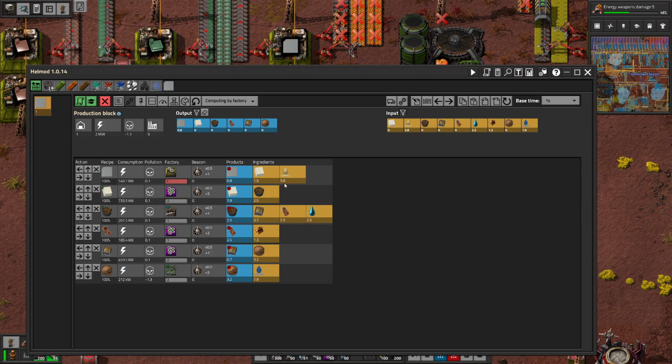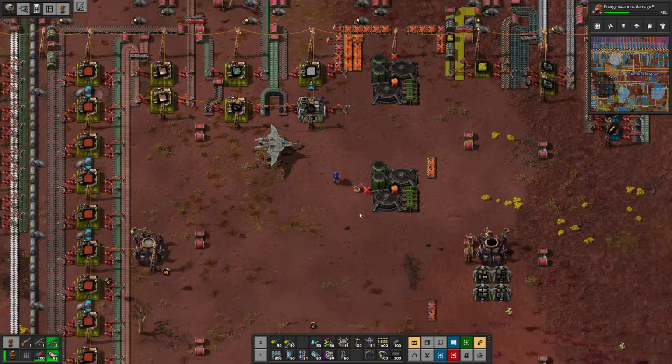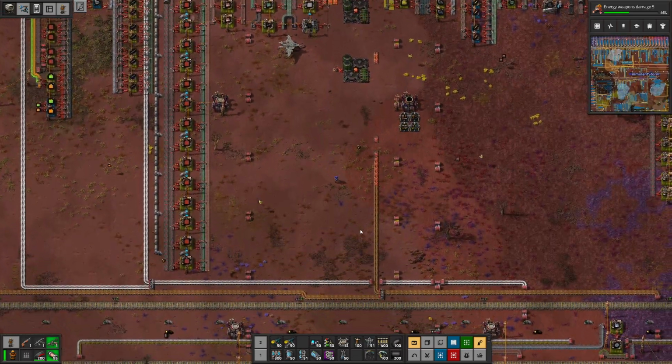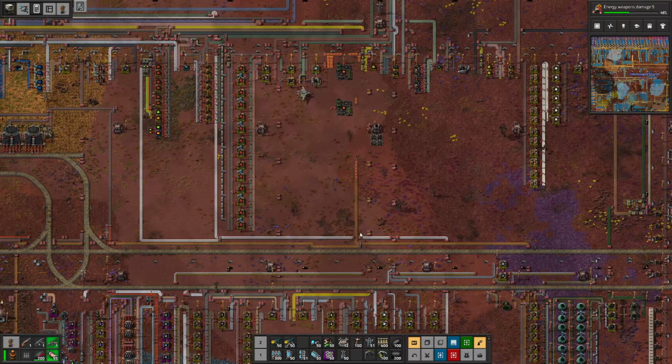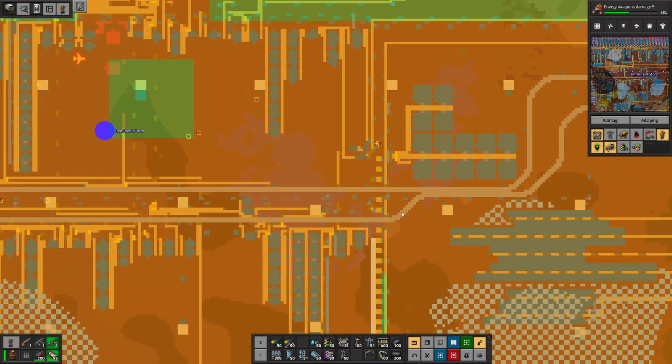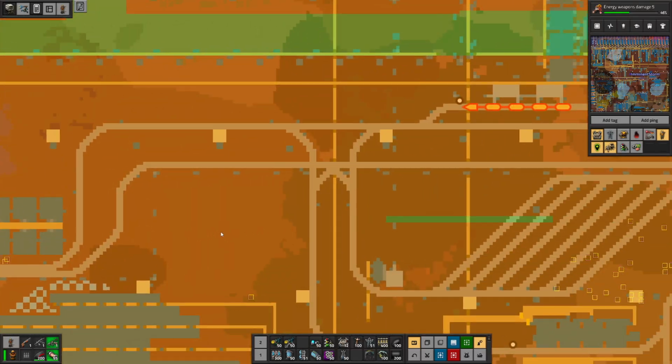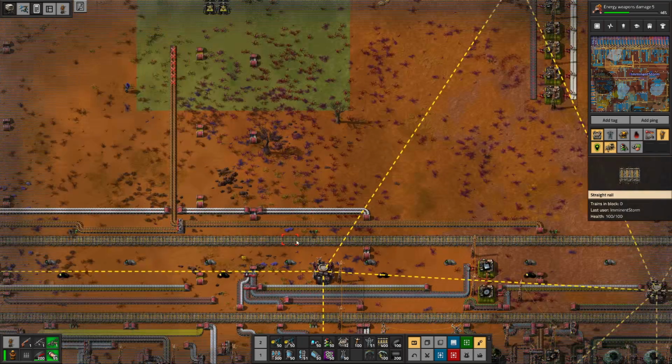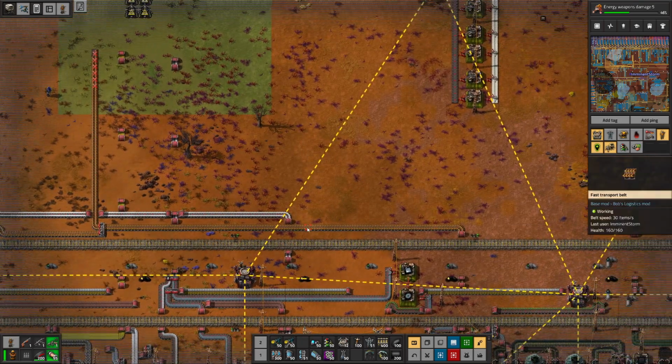Okay. First things first, I need to bring in that liquid resin. And so I need an area that can do that.